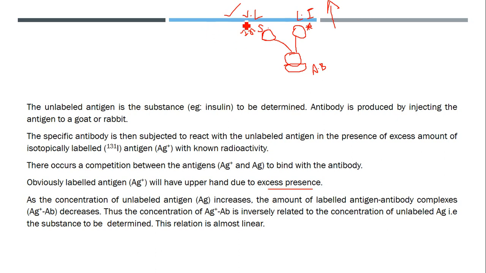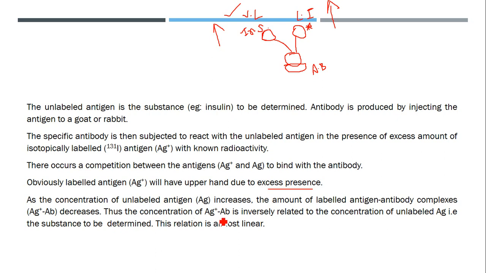But what happens as we slowly increase the concentration of your unlabeled antigen? The labeled antigen will start getting replaced with unlabeled antigen. So as the concentration of unlabeled antigen increases, the amount of labeled antigen antibody complexes decreases.